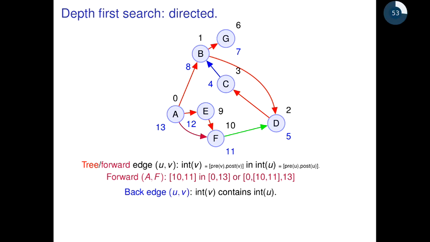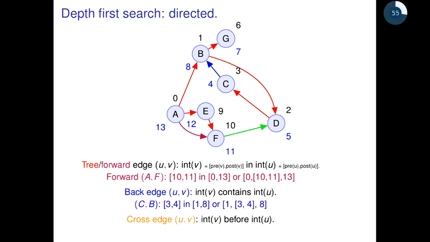The back edge is just the opposite. A forward edge is an edge from an ancestor to a descendant. A back edge is an edge from a descendant to an ancestor. Pretty simple. And then the cross edge is this thing here.